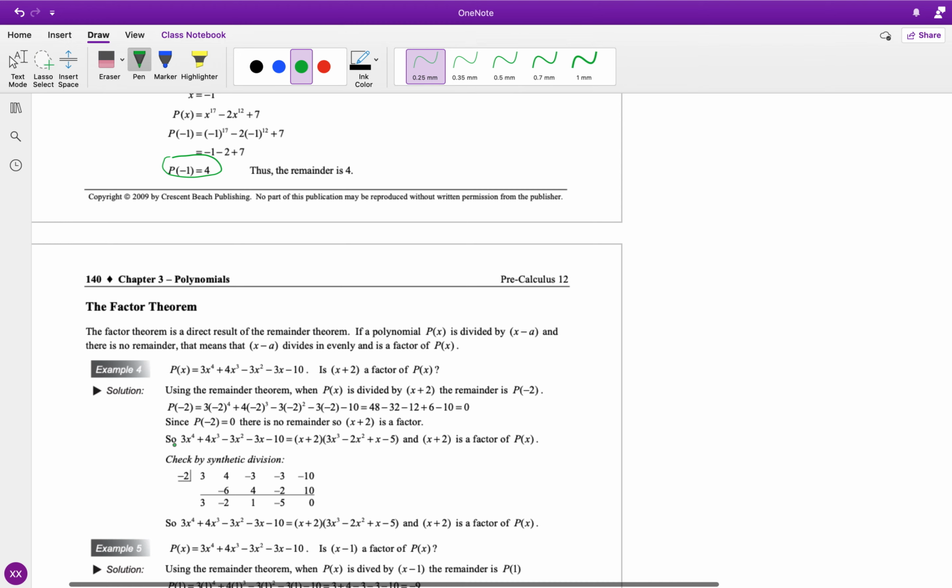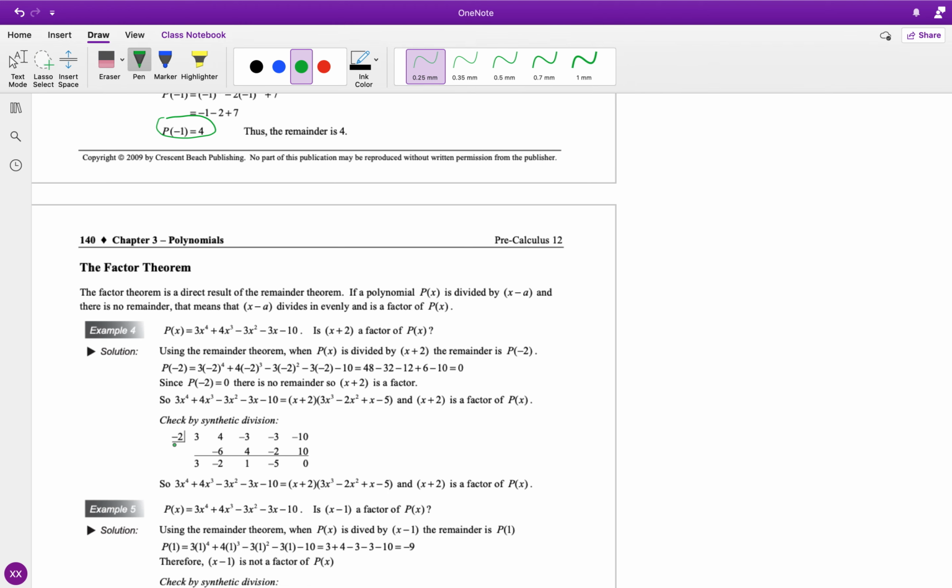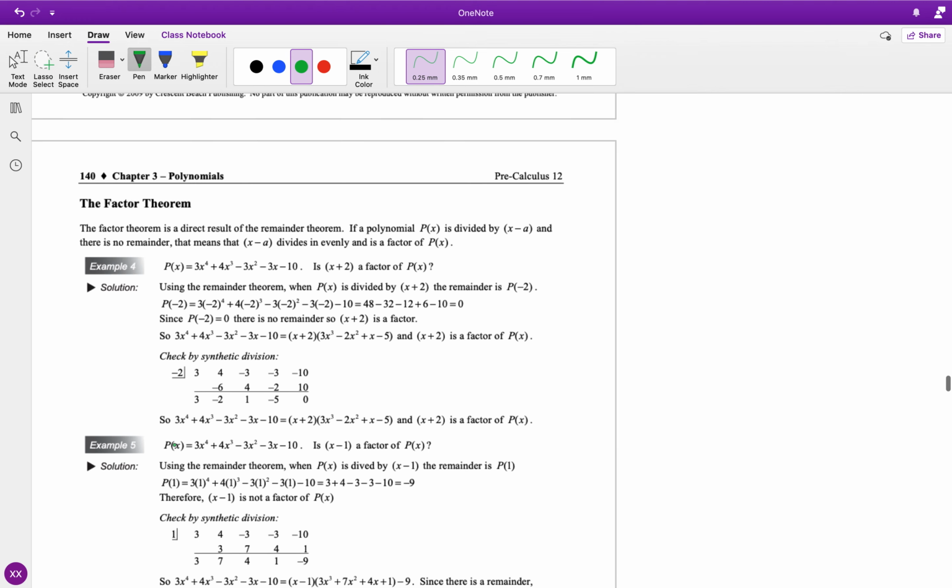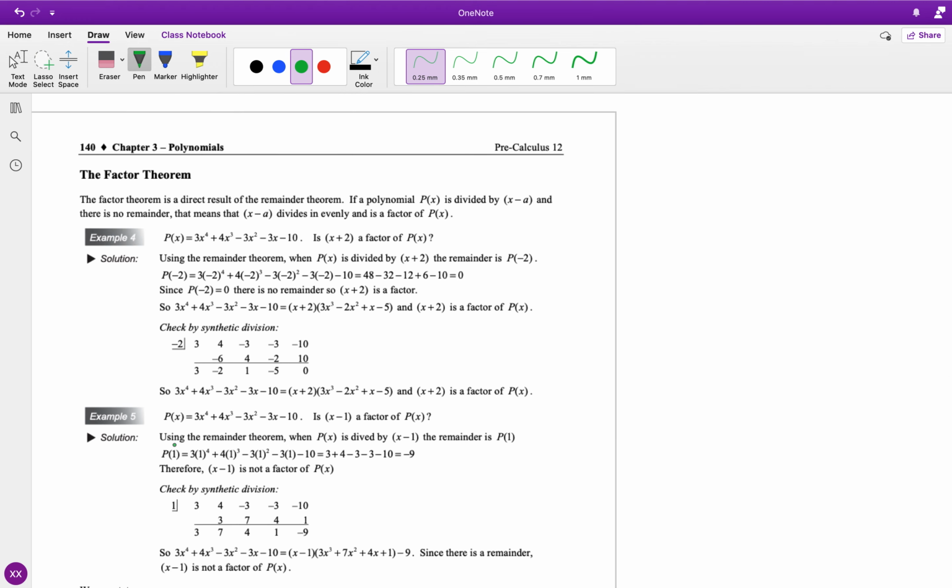So the factor theorem is a different way, absolutely a different way, to say whether or not something is a zero, or a root. So what does it mean? If P(x) is divided by that, and there's no remainder, then that means this a is the root.